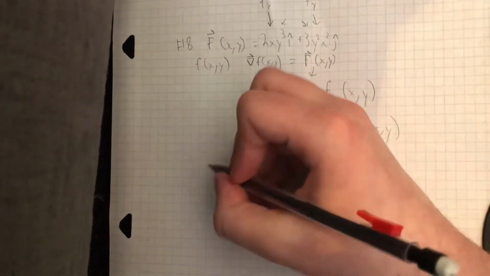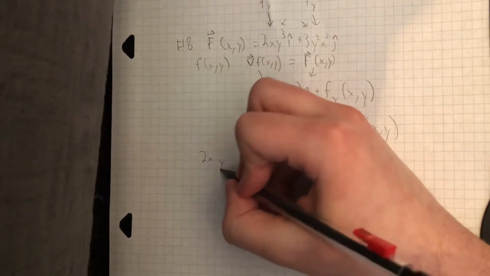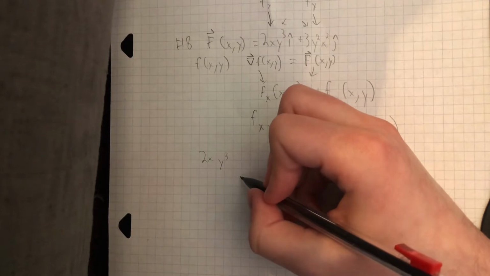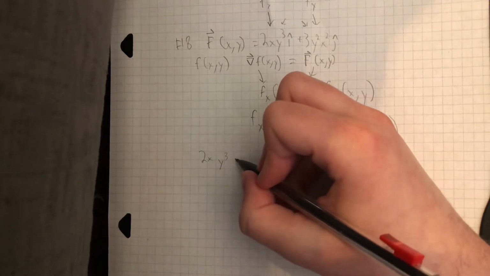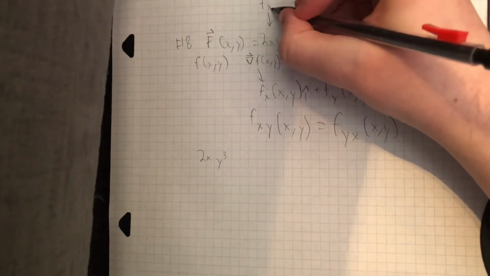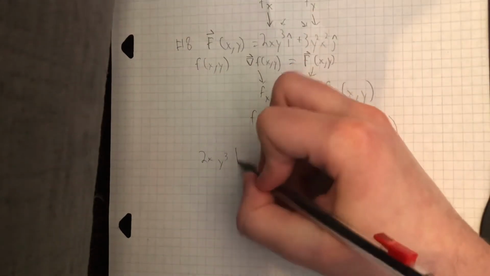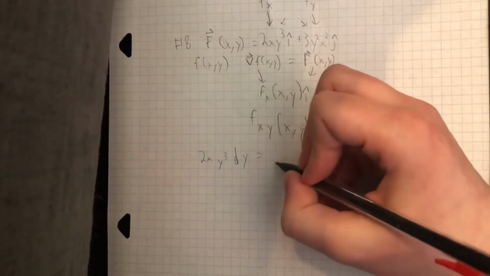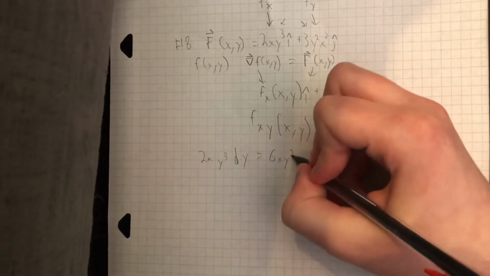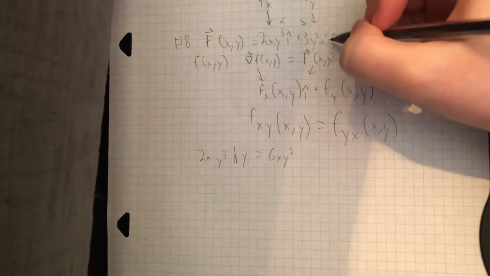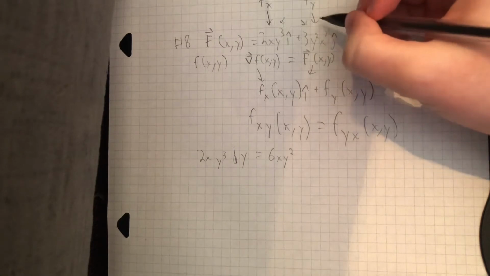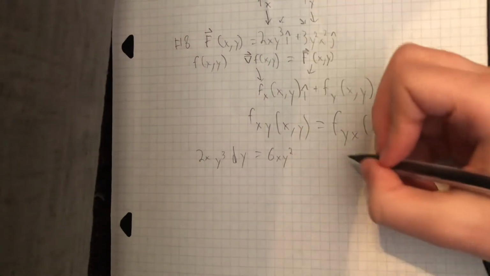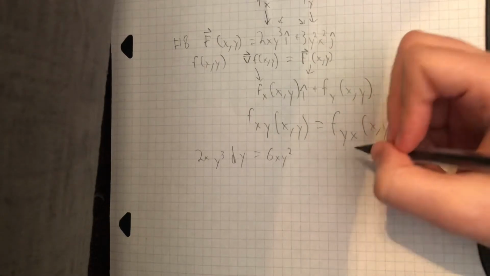So let's try it out. 2xy cubed, remember this is f sub x, so we're going to do d/dy. That's going to be equal to 6xy squared. Now we're going to take this up here, 3y squared x squared, which is equal to f sub y, which means we're going to be taking the derivative with respect to x.